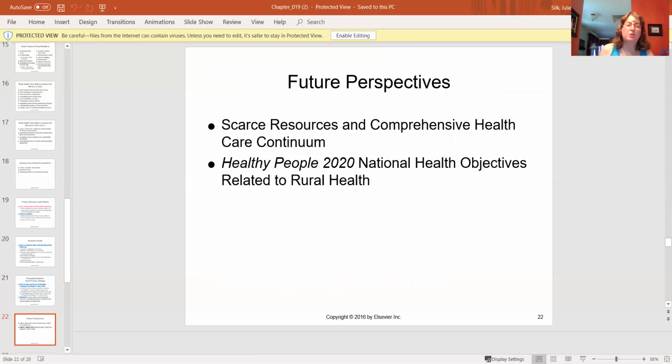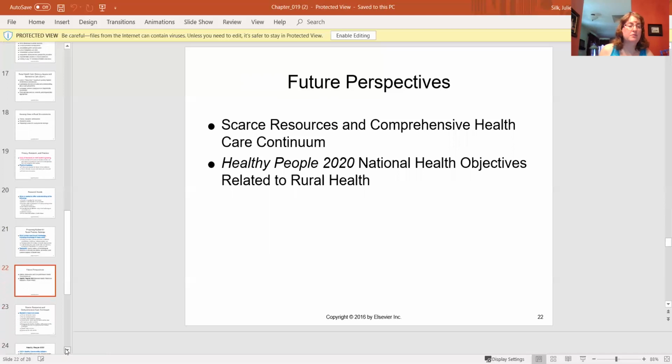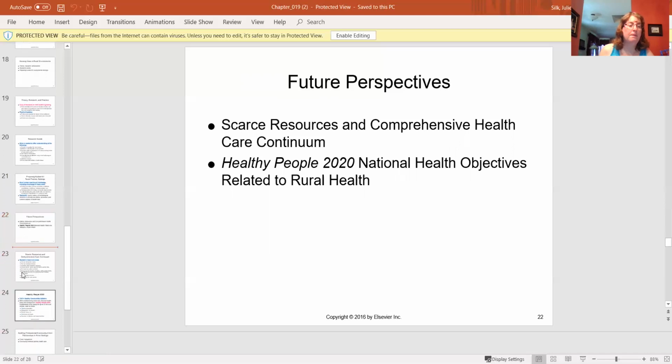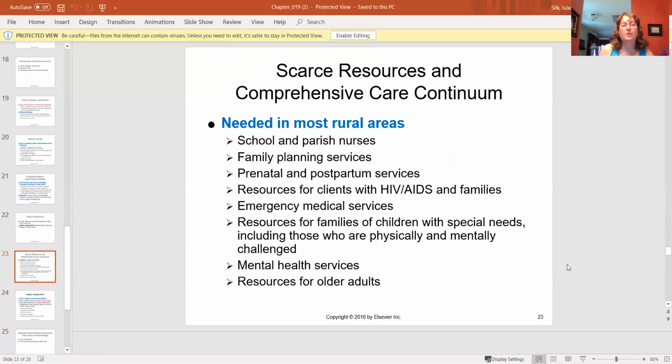And then as far as future perspectives go, there are scarce resources in the comprehensive healthcare continuum. So Healthy People 2020 national healthcare objectives related to rural health would be something that we need to be really focusing in on. Things that are needed in most rural areas would be things like school and parish nurses.